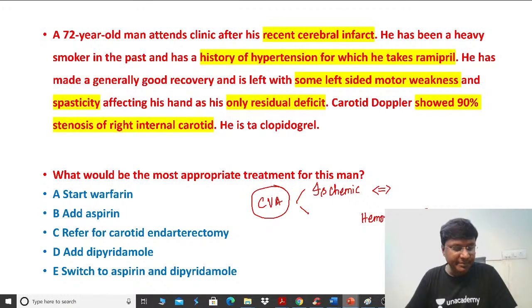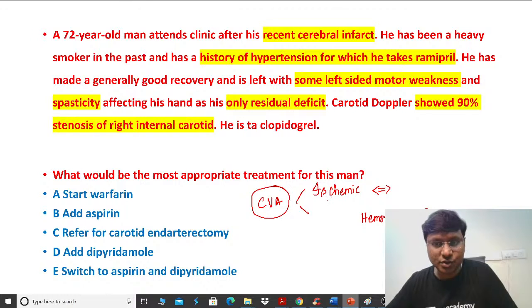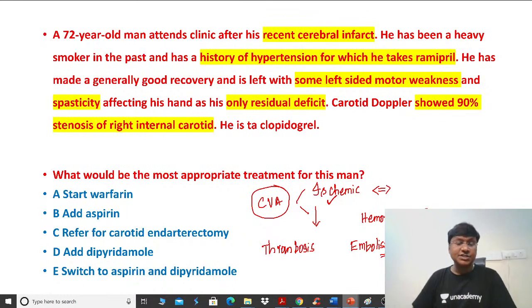Very good, MD medicine. So ischemic stroke is more common compared to hemorrhagic stroke.